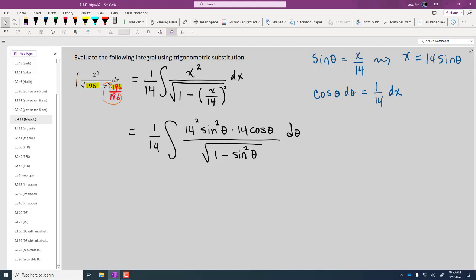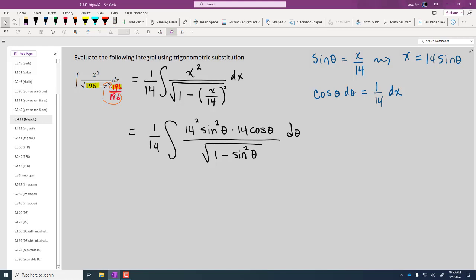1 minus sine squared is cosine squared. The square root of cosine squared is cosine, usually. And we have to remember, they don't tell us here that we are on an interval where cosine is positive.